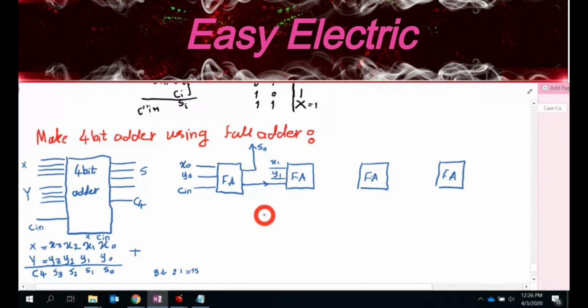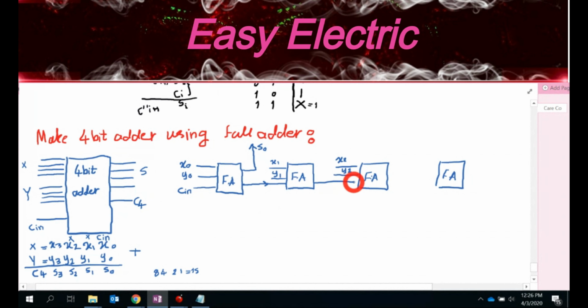So that means you actually made the first one. So now back to here. What should be the next? You need to add x2, y2, and the carry you got from adding the previous 3 bits. That means you have 1, 2, 3 bits you need to add. The answer is S2, the output. So the next one, you connect x2 here, y2 here, and the carry that comes from x1 plus y1, which is here, right?